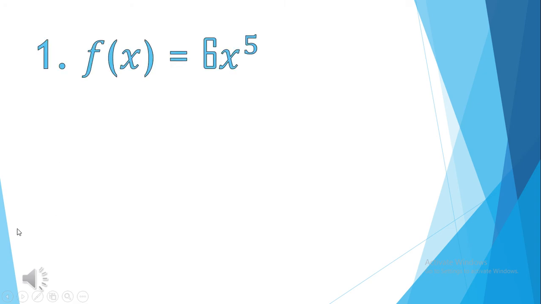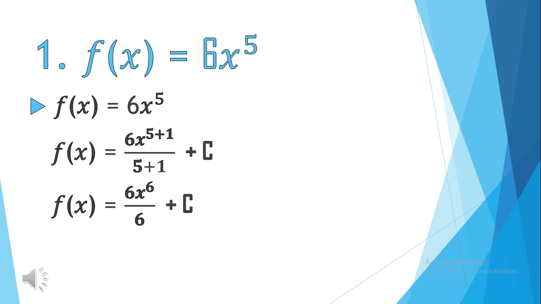Activity 1. f of x equals 6x raised to the power of 5. In order for us to solve this function, we must first add 1 to the exponent and copy it to the denominator. So it should be F of x equals 6x raised to the power of 5 plus 1 over 5 plus 1 plus c.